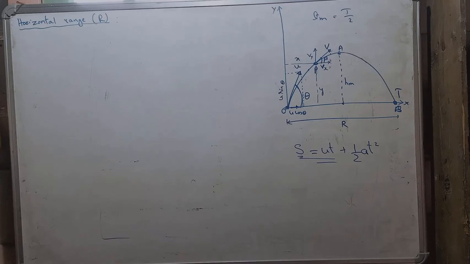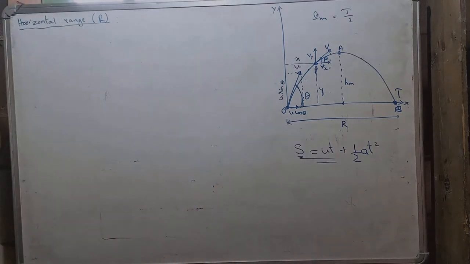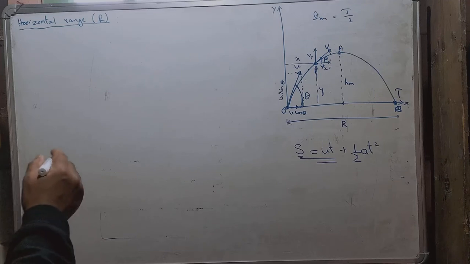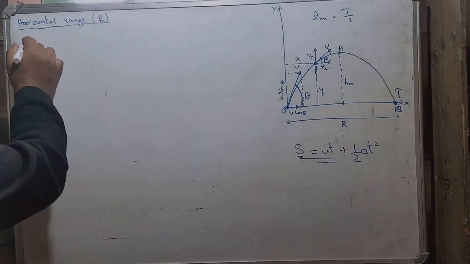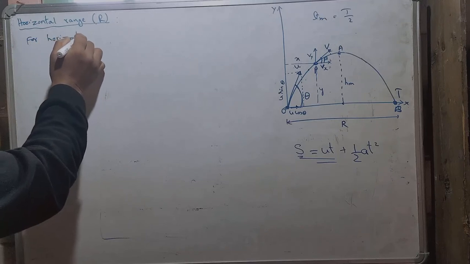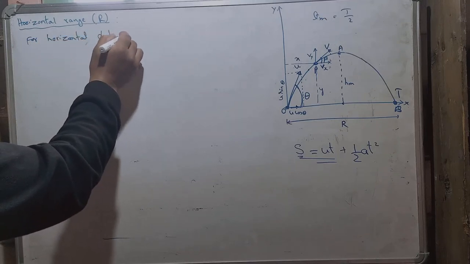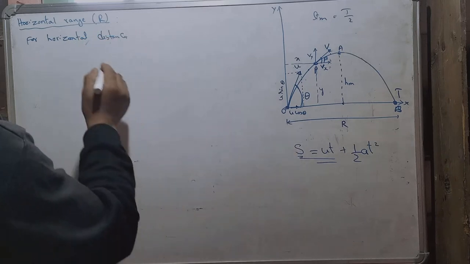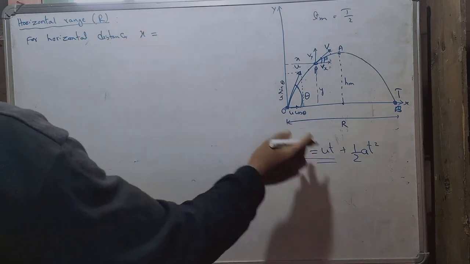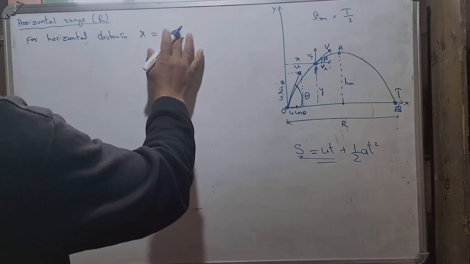Now let us derive the expression for the horizontal range by using again the equation s equals ut plus half at square. For horizontal distance, instead of s we have x, instead of u we have ux, and then t. What is t for horizontal range?